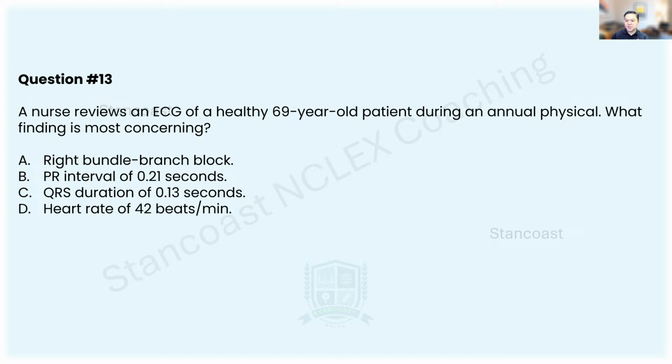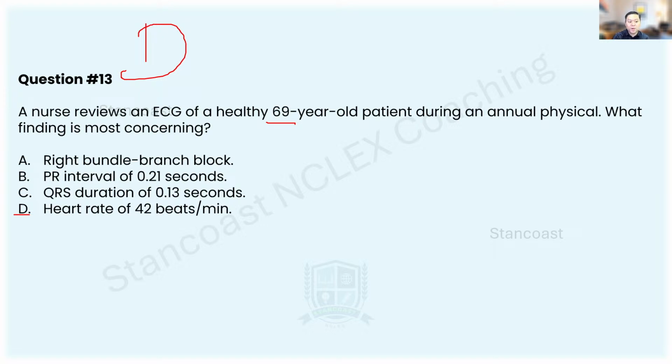For this test question number 13, our answer here is letter D. Heart rate of 42. Because in the older adult, especially the 69-year-old adult, it will warrant more investigation, because the resting rate does not usually decrease with age, okay?